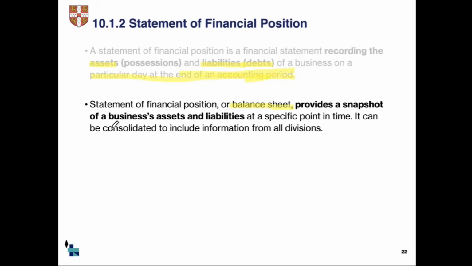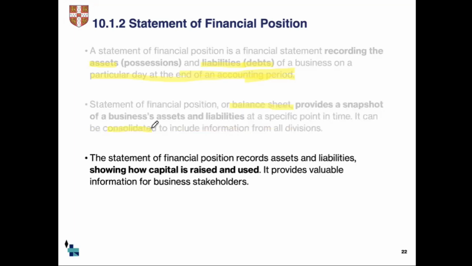That is what we call a consolidated statement of financial position. We want to know the value of all its liabilities from all its divisions, from all its departments, from all its branches.